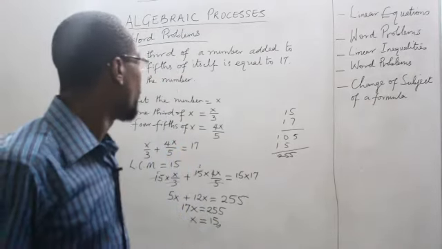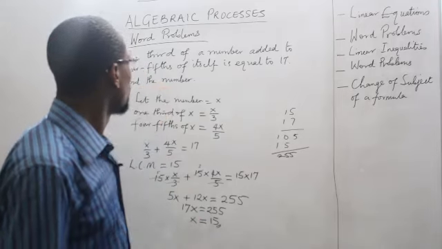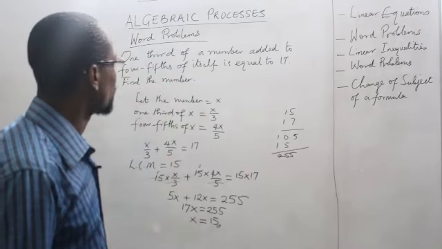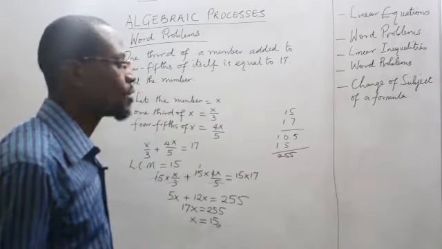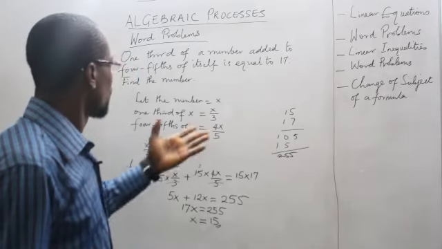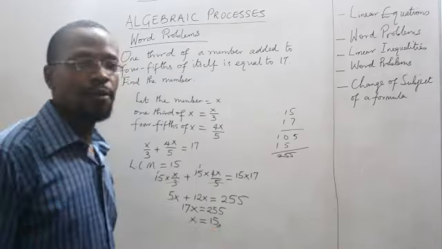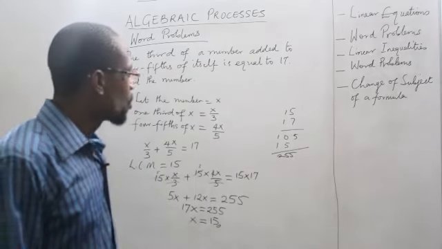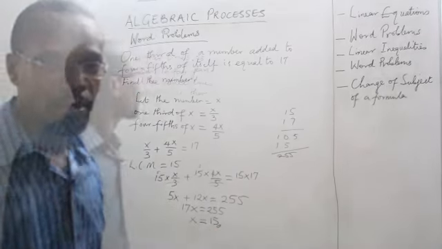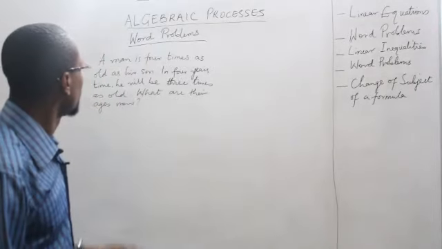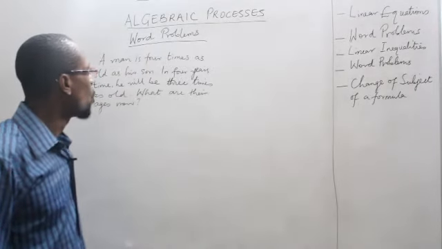So the unknown number, that number which 1/3 of it was added to 4/5 of itself to give us 17, that number is what? 15. So we'll solve one more problem. Now the question says, a man is 4 times as old as his son.